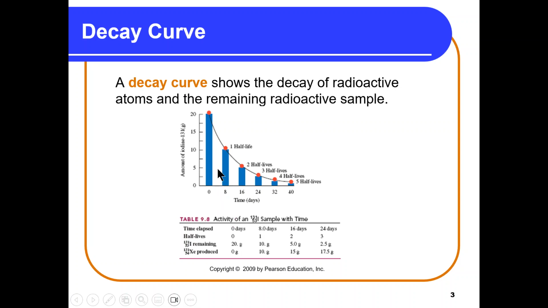So after 8 days, the amount of iodine 131 reduces from 20 to 10, and then after another 8 days, reduces to 5, and then after another 8 days, it reduces to 2.5, and so on and so forth. All right. And that is basically what is being shown here numerically. And then as far as the product is concerned, you can see the amount of product that increases accordingly.